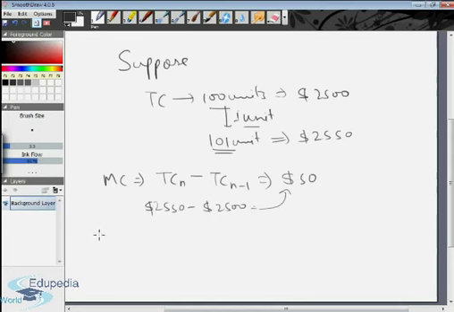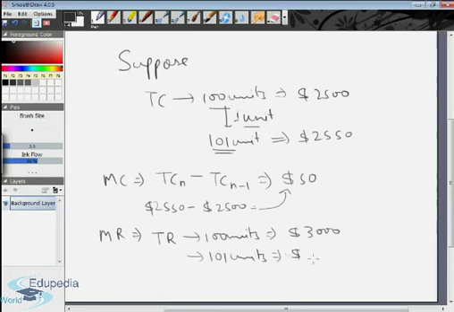Now likewise we can also calculate the marginal revenue. Total revenue by selling 100 units was, suppose, $3,000, but after we started selling 101 units, the total revenue increases to $3,100.